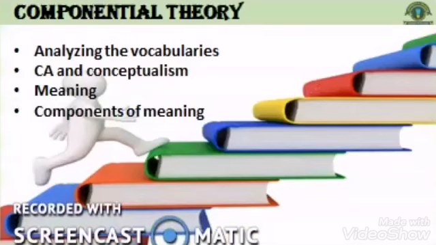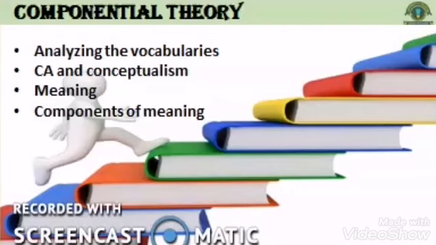Now the next one: componential analysis, how it works and how it is important to componential theory. The second section, componential theory, has four major parts. The first is analyzing the vocabularies.